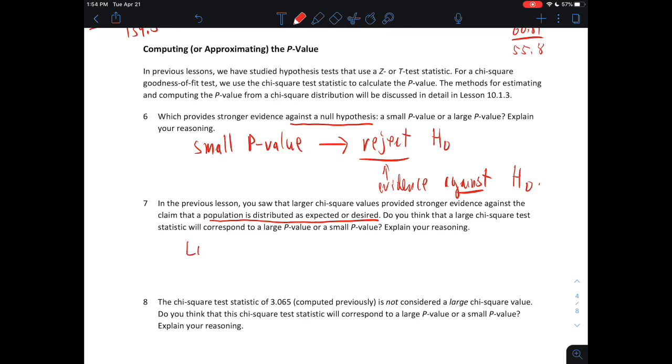So a large chi-square provides stronger evidence against the null hypothesis. And if we just said in number 6 that a small p-value also says the same thing, that means that a large chi-square value is connected to a small p-value.